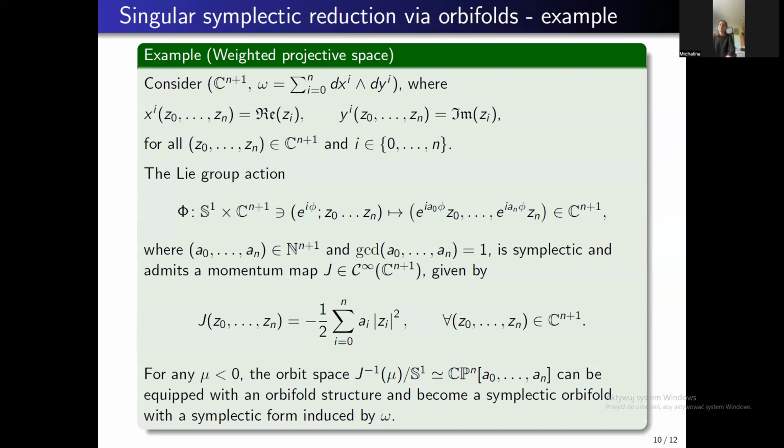Okay, so now I will give an example of singular symplectic reduction when the reduced space is a symplectic orbifold. So we can consider n+1 copies of the complex plane together with the canonical symplectic form on it, and also the Lie group action of the circle group given by rotation by the appropriate angle of each of the complex numbers.